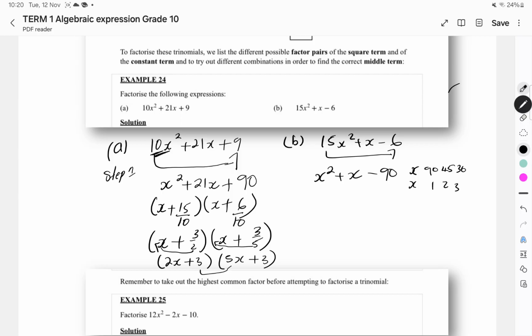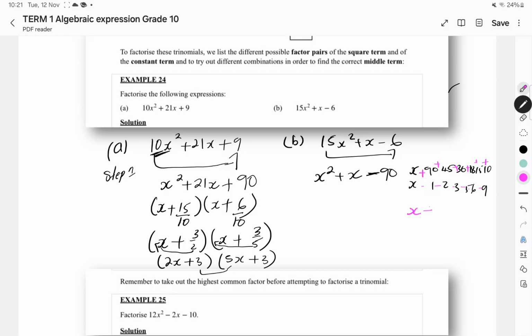18 and 5, 15 and 6, 10 and 9. Because of the minus, the bigger number takes the sign of the middle term. It's a minus, so 10 minus 9 gives power 1.